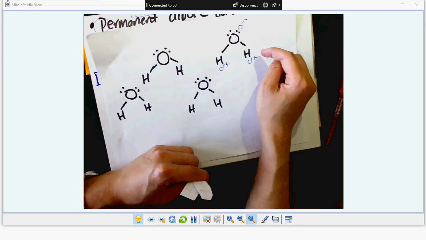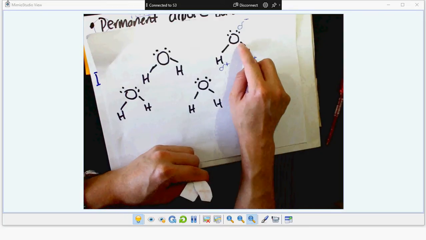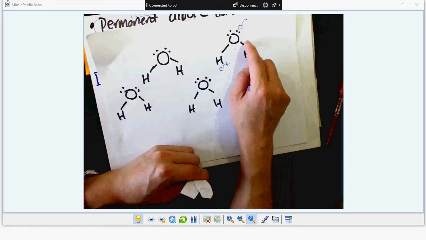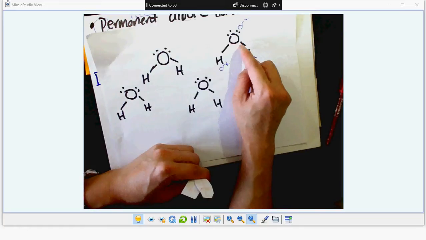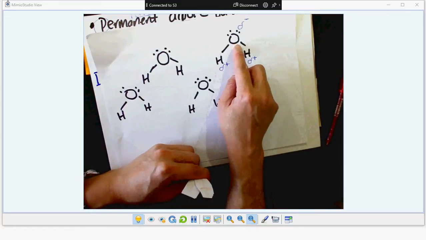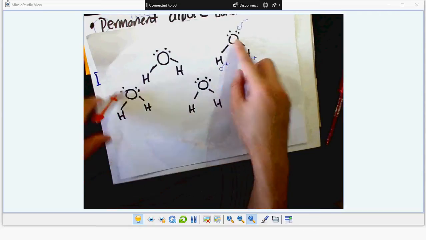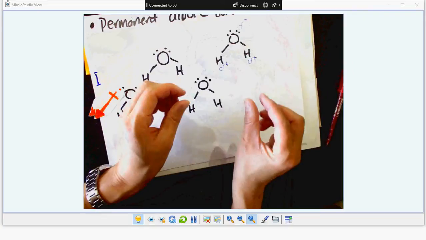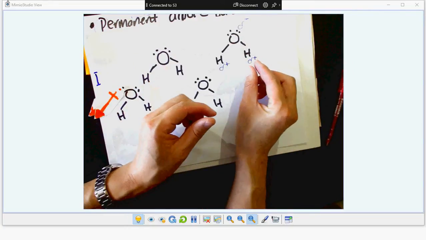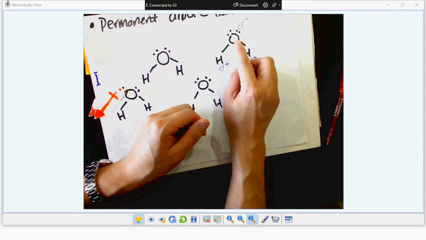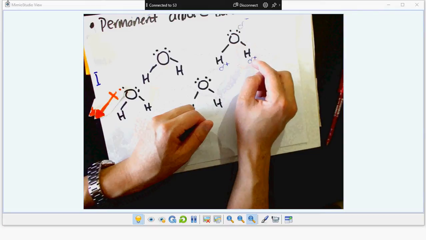No, nothing to do with valence shell, because remember, we're not talking about ions. We talk about valence electrons in ionic compounds. These are covalent. They're sharing their valence electrons. But what is it about the big oxygen atom as opposed to the little hydrogen atom? What's the big oxygen atom, Grace, got inside it that hydrogen doesn't?